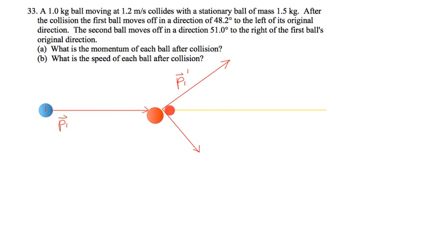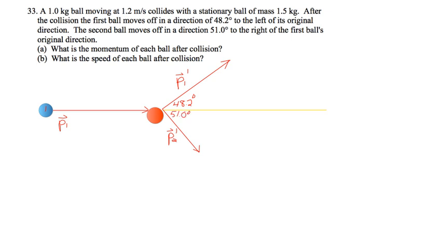So if I add the x here with the x there, those two added together should equal that momentum. So this is the momentum of the second ball after collision. I should also put in the angles. This angle right here is 48.2 degrees, and this is 51.0 degrees.